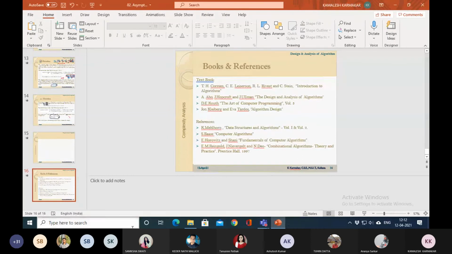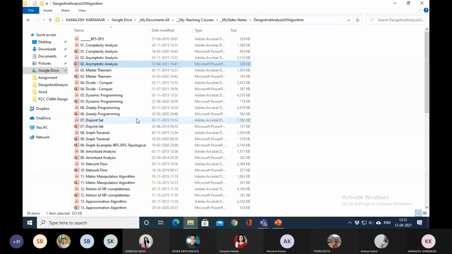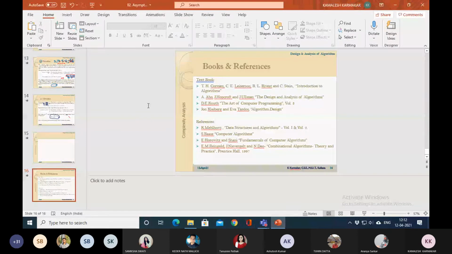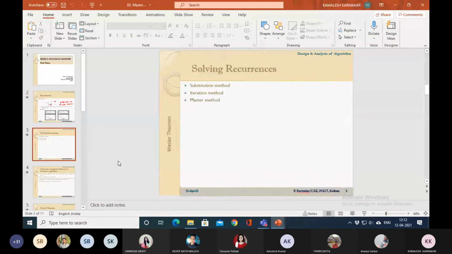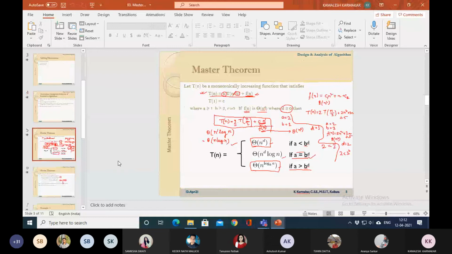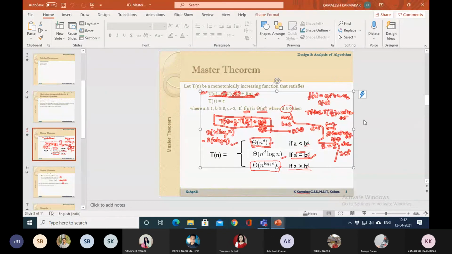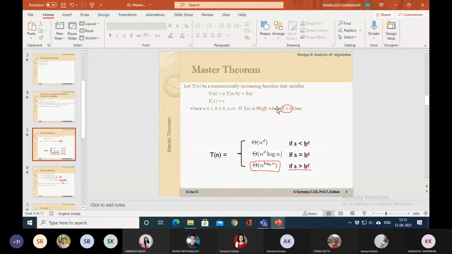So if you are still interested, before going there, try to... lots of symbols are there.